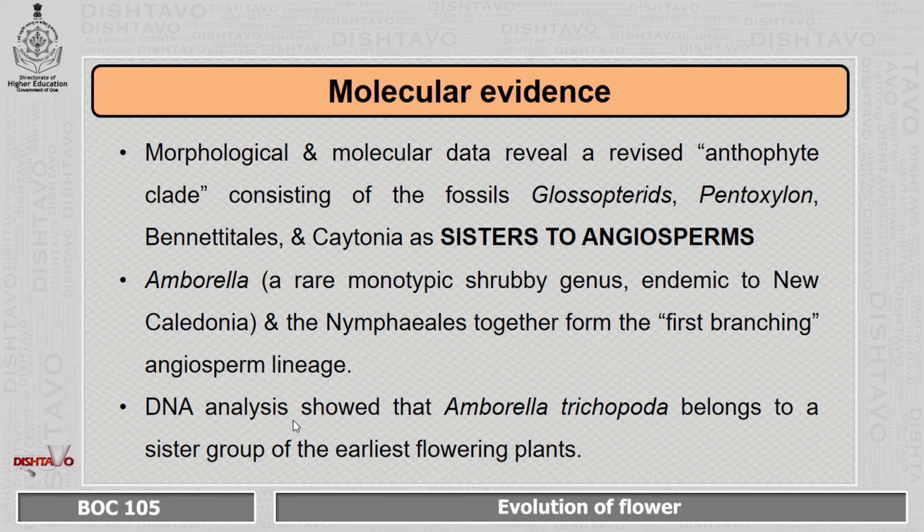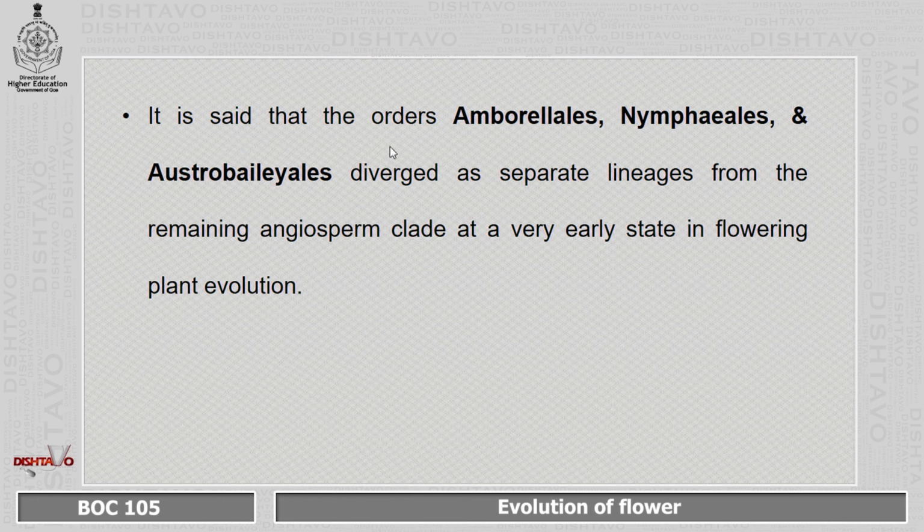So, DNA analysis showed that Amborella trichopoda belongs to a sister group of the earliest flowering plants, which means that the orders Amborellales, Nymphaeales and Austrobaileyales diverge as separate lineages from the remaining angiosperm clade at a very early stage in flowering plant evolution, and they are significantly related to the evolution of the flower.